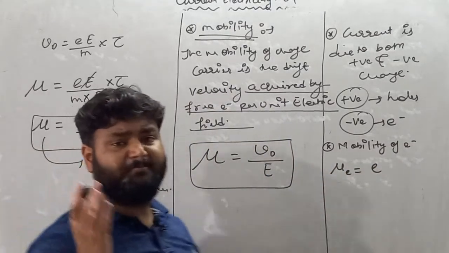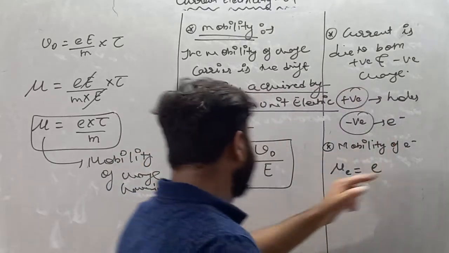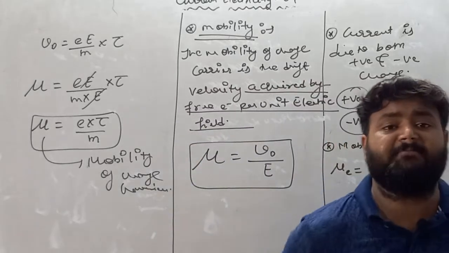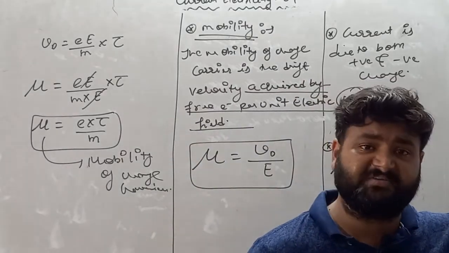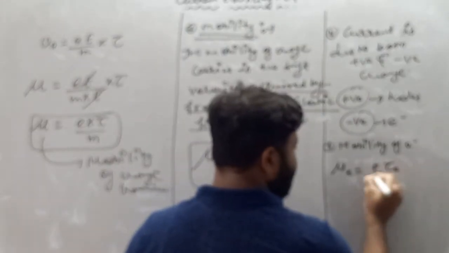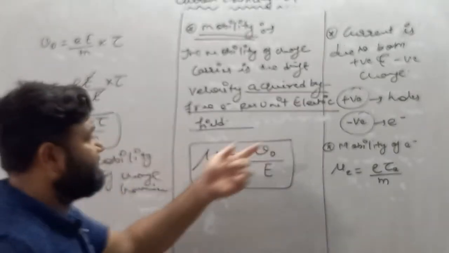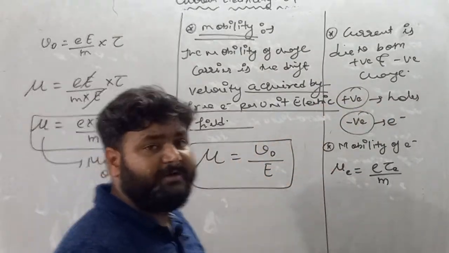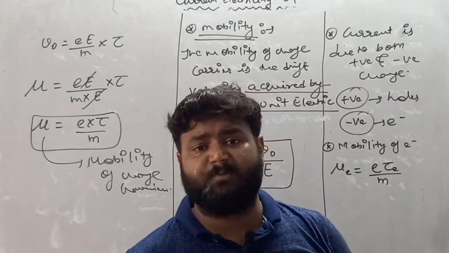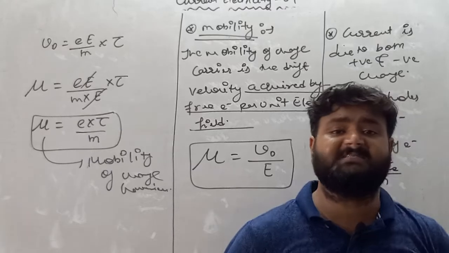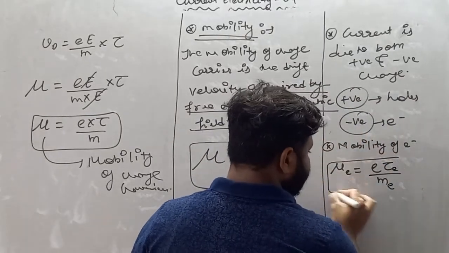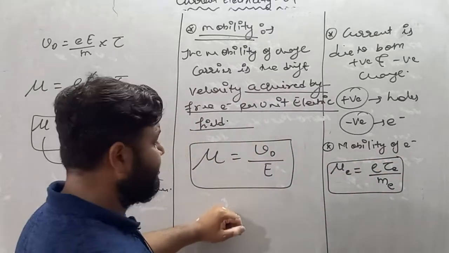The charge on positive and negative is the same, so e cannot change, but τ, the relaxation time, that is the average time of collision between two charges, is different for hole and for electron. So we'll write τe times e upon the mass of the electron, which is 9.1 × 10^-31 kg. But the mass of a hole, which is positive charge, is considered to be 1.67 × 10^-27 kg. This is basically the mobility of the electron.